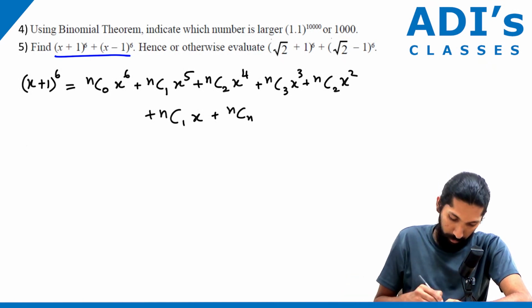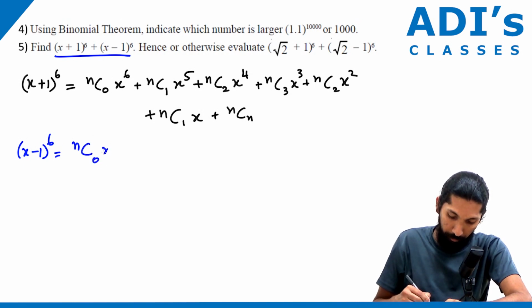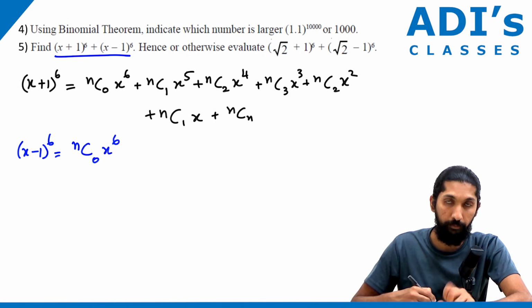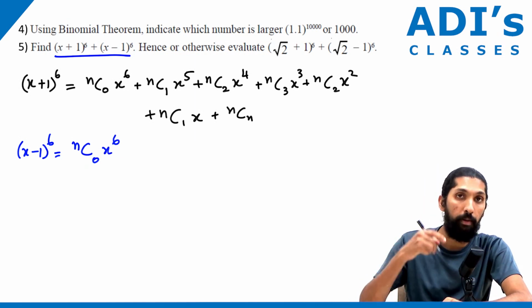The next one is what? x minus 1, x minus 1 power 6. Again, in this case, you have nC0 into x to the power of 6, the first one. The second one is going to become minus.